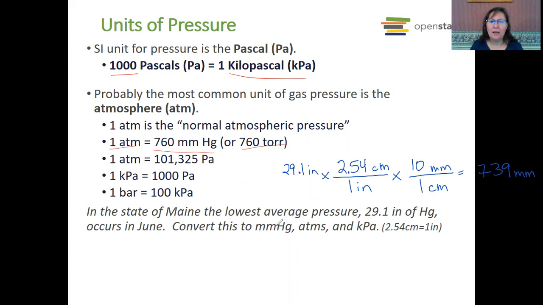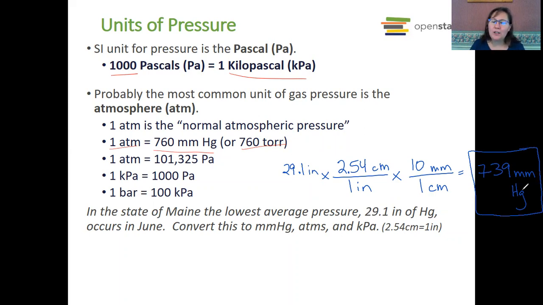Now I went from inches to millimeters, and so that inches is the same thing as your millimeters of mercury. So this is millimeters of mercury here, and that's how you go between inches and millimeters of mercury.